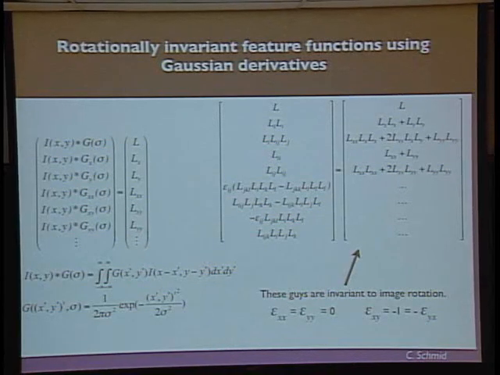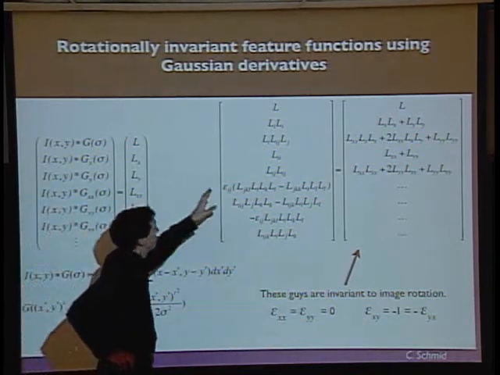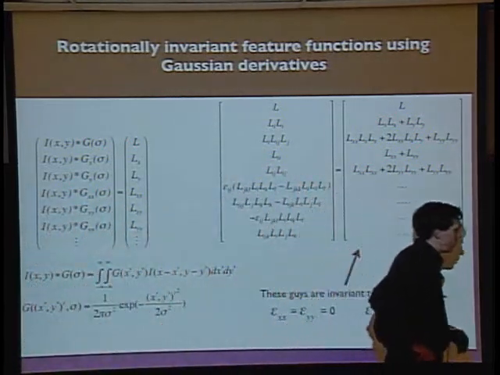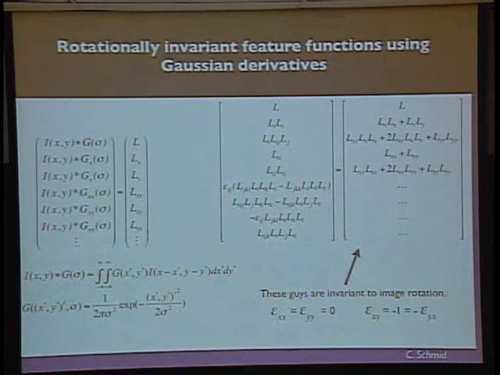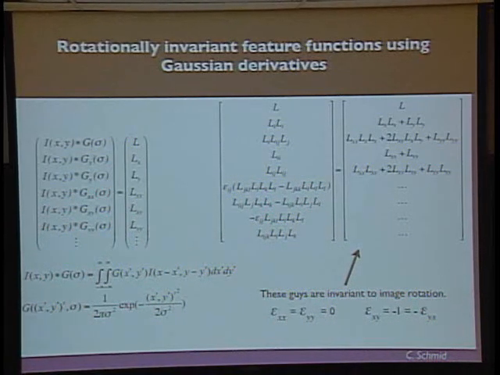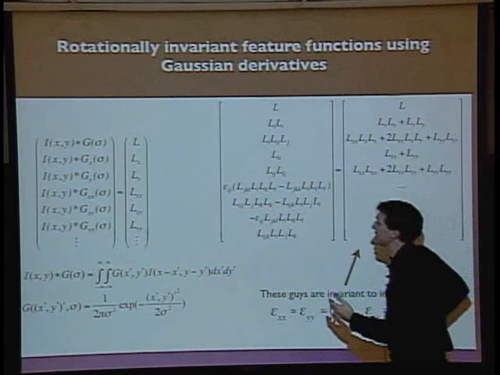So going from very, very simple to very, very complicated, you can take derivative of Gaussian functions and convolve the image with them and take features of those, and they will be rotationally invariant. So this is a set of features that doesn't have to do with simple geometry, but it has to do more with intensity-related features.